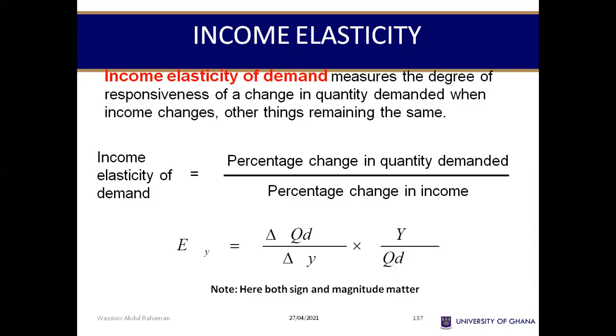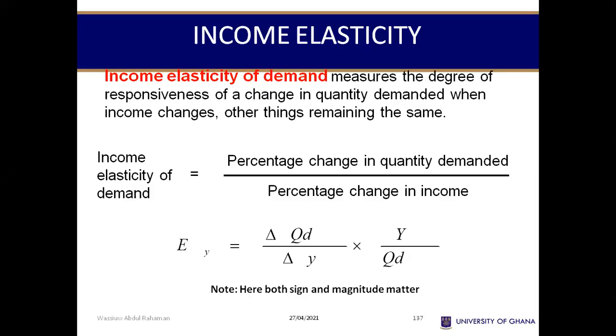And then again, we can use the second formula you have there to estimate the income elasticity, right? So the Y and the QD on the right hand side should always be the initial values: the initial value of income and the initial value of quantity demanded. And that will give you the same answer as the first one on top. In the case of income elasticity, you can have it be positive or negative.